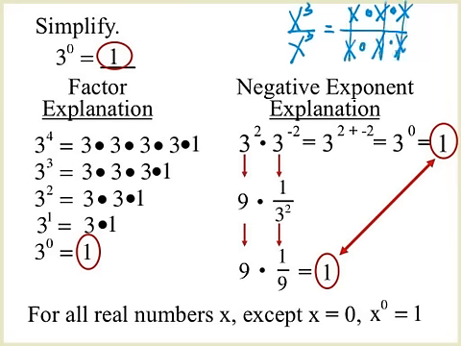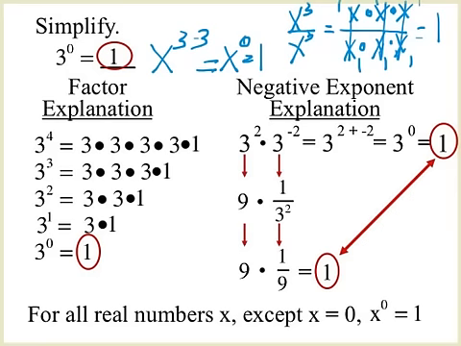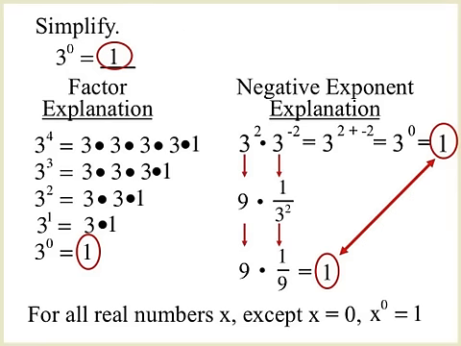When I divide these common factors of x out, I'm always left with 1, which equals 1. Another way to do that is x to the third minus the third power also equals x to the 0, which equals 1. So another couple ways to look at that. The basic rule to remember is that anything to the 0 power is equal to 1.